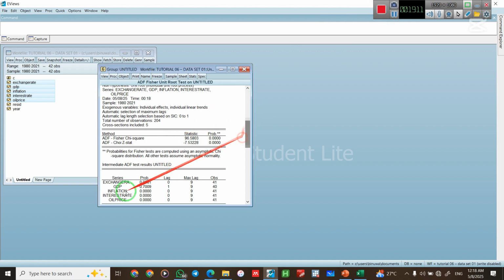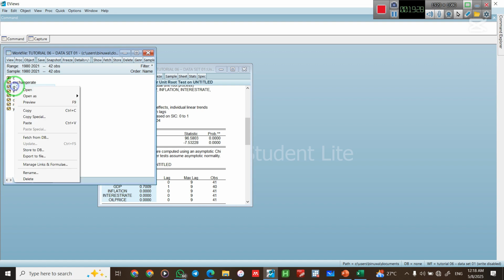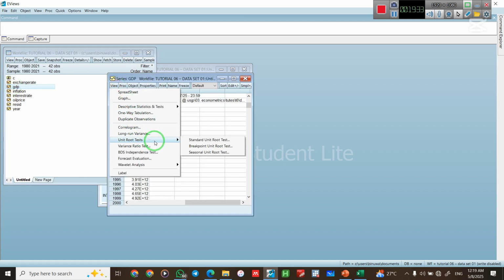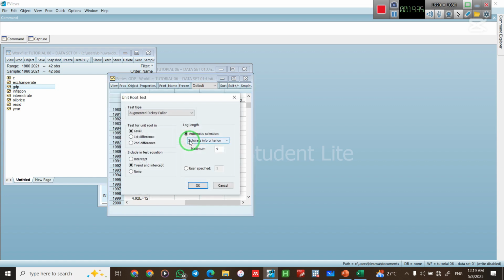Here there are all your variables and their probability values. You can see that GDP is not stationary at level data, but all other variables become stationary at level data. So if I check that here, we can double click, View, go to Unit Root Test, standard unit root test at level data, trend and intercept.